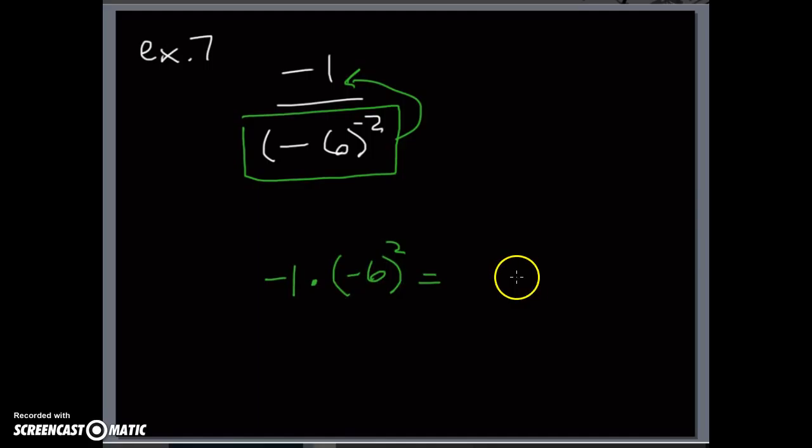Negative 6 squared is positive 36 times negative 1 equals a negative 36. If I wanted to write this as a positive exponent in its simplest form, instead of writing negative 1 times, I could have just written negative times negative 6 squared.